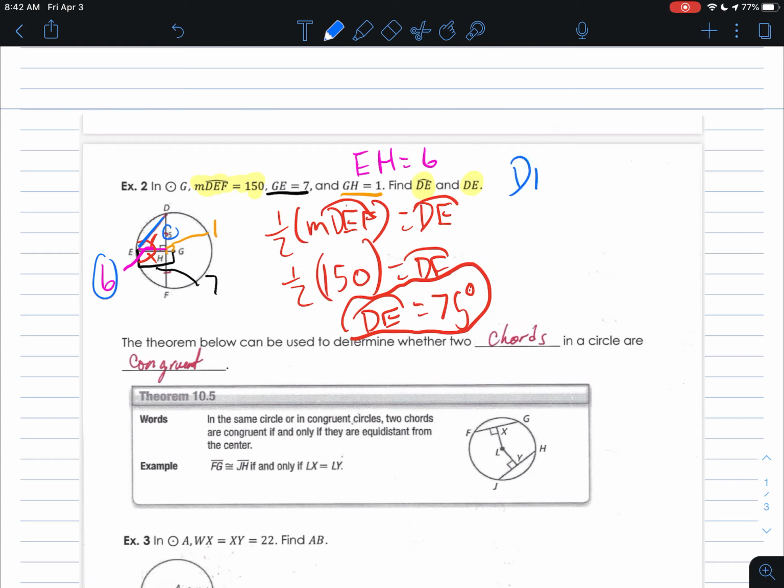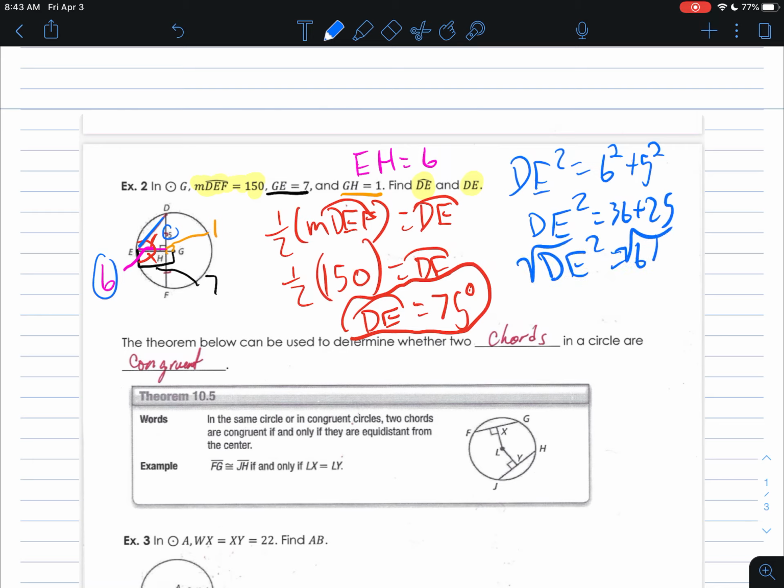So the hypotenuse, which is DE squared, equals 6 squared plus 5 squared. DE squared equals 36 plus 25. DE squared equals 61. Take the square root of both sides, and you get chord DE equals around 7.81.